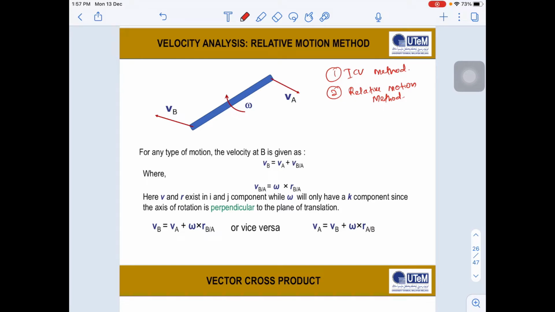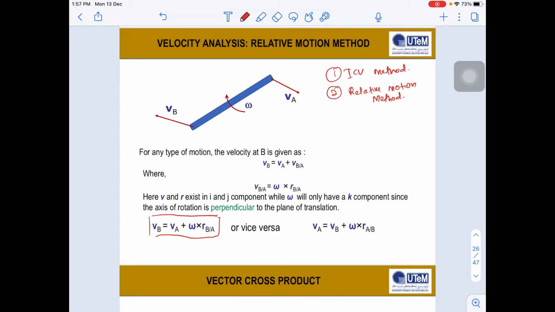So in the end you get this equation: VB equals VA plus omega cross product RB/A. Bear in mind that there is a cross product.